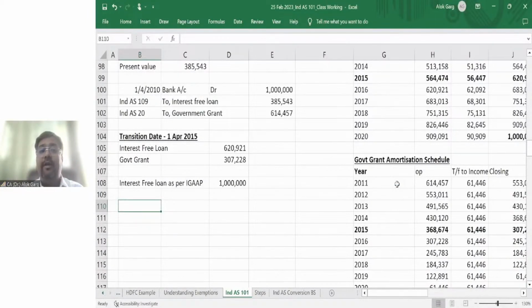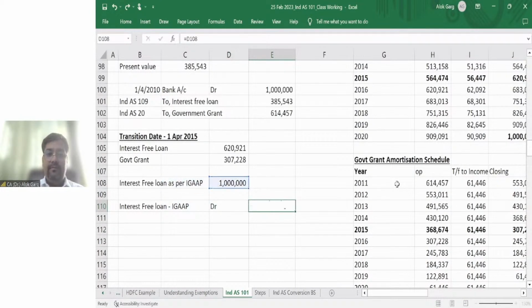What accounting entry do you need to pass on the transition date? You have to debit the interest-free loan as per IGAP. You have to reverse that loan, right? Debit by 10 lakh rupees.